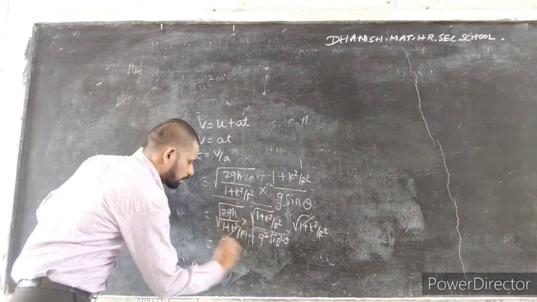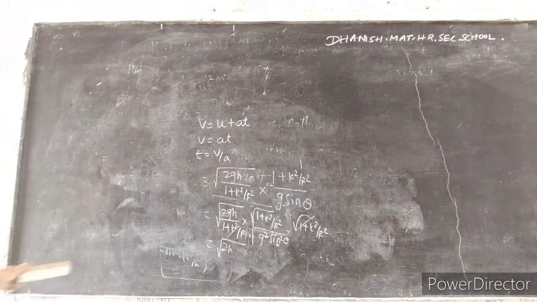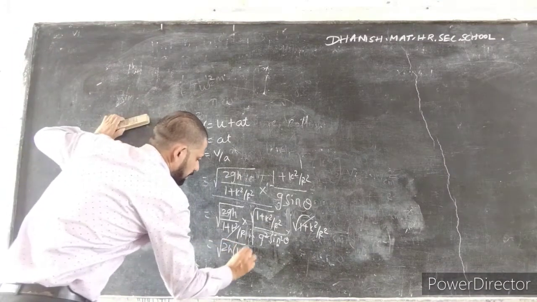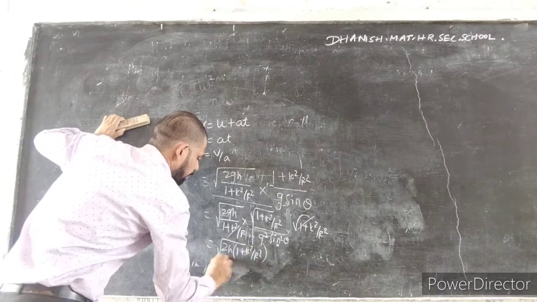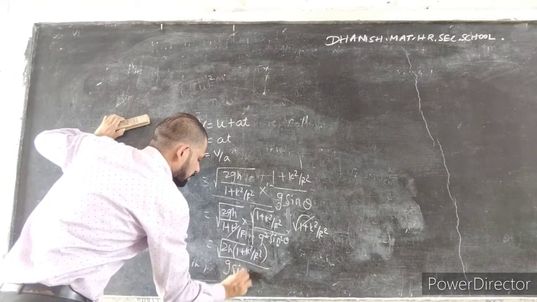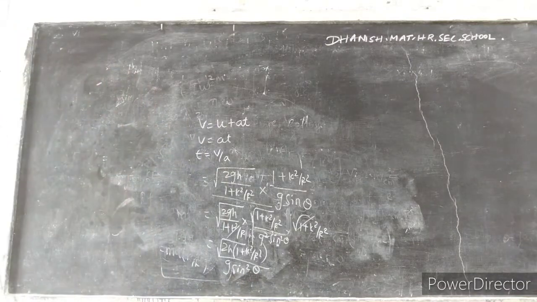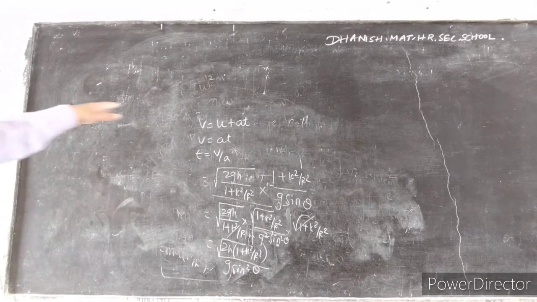So it will become root of 2h into 1 plus k squared by r square by g sin square theta. So this is how the time taken by the object to roll down that inclined plane is found.